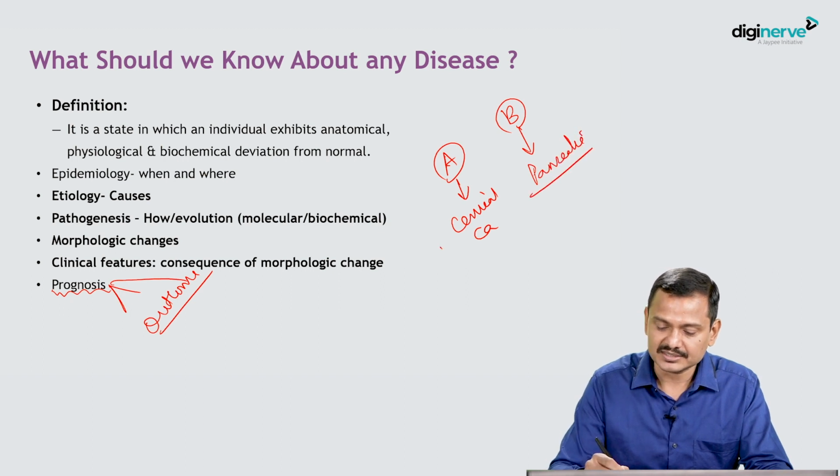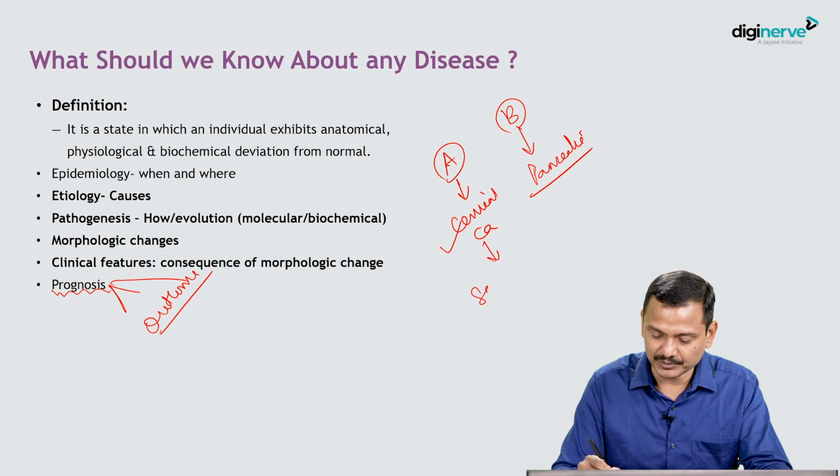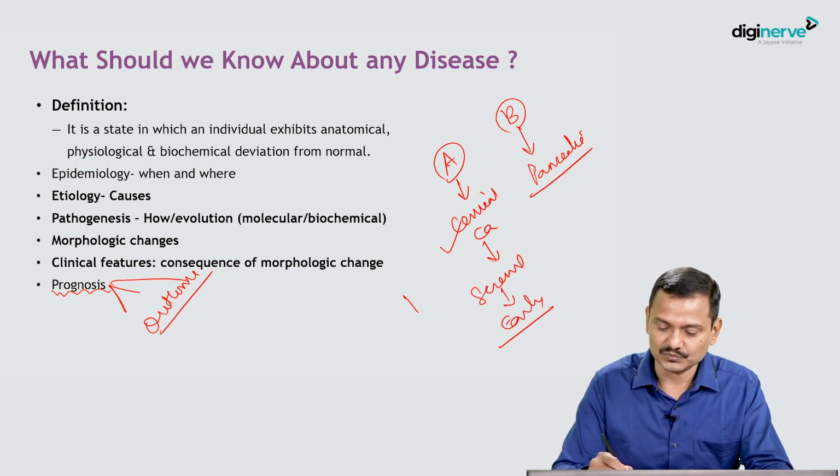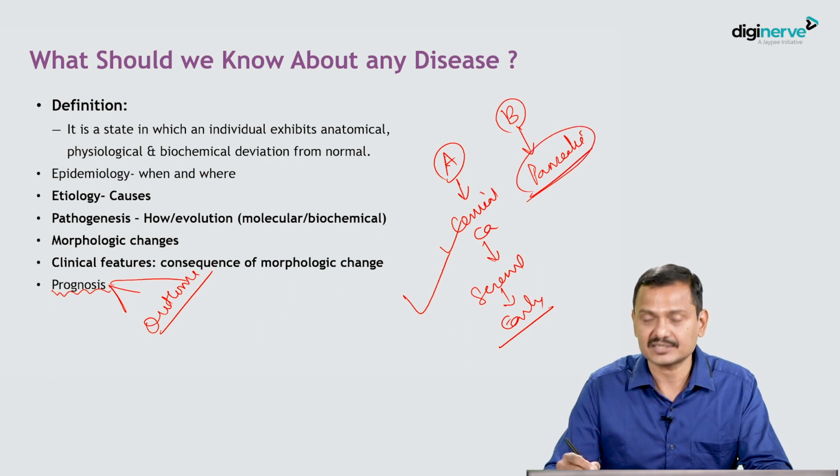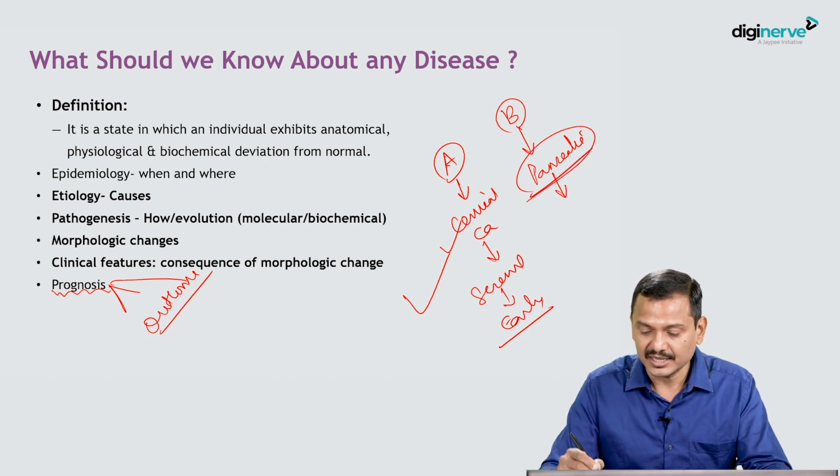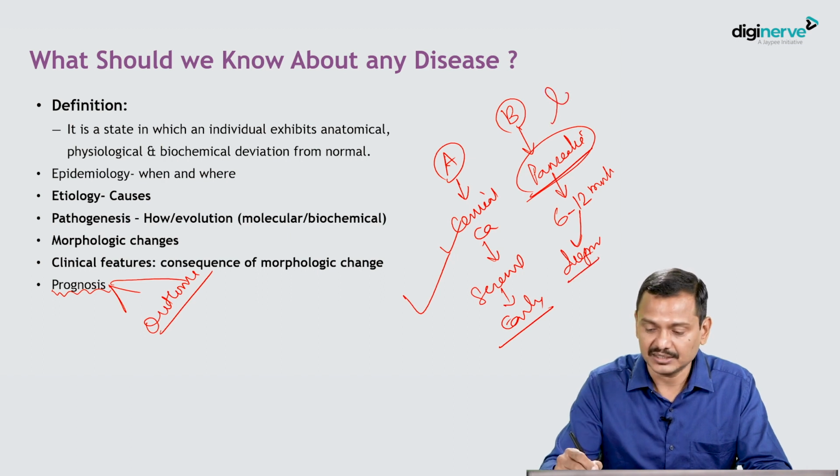Now usually cervical carcinoma with the help of screening can be detected early, so the prognosis will be better, whereas pancreatic cancer has very poor prognosis and most patients will die within 6 to 12 months of diagnosis, because these tumors present very late.